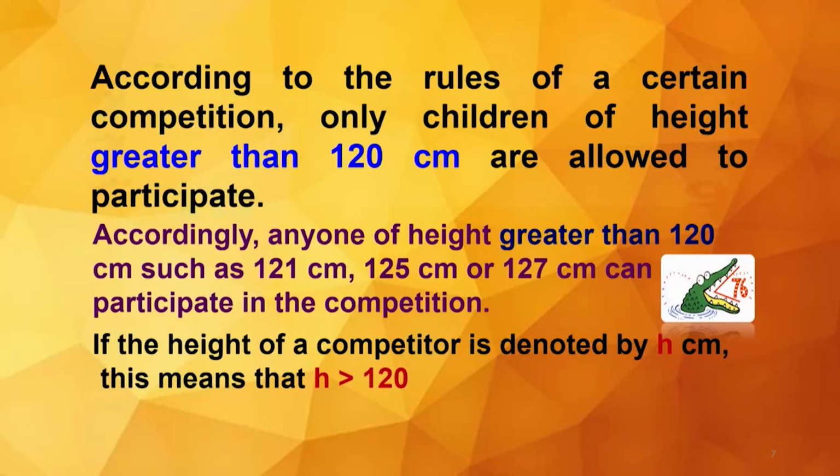If the height of a competitor is denoted by h, this means that h is greater than 120. This is the inequality. Now you can build up an inequality using algebraic terms. Then move to the next slide. What is this?